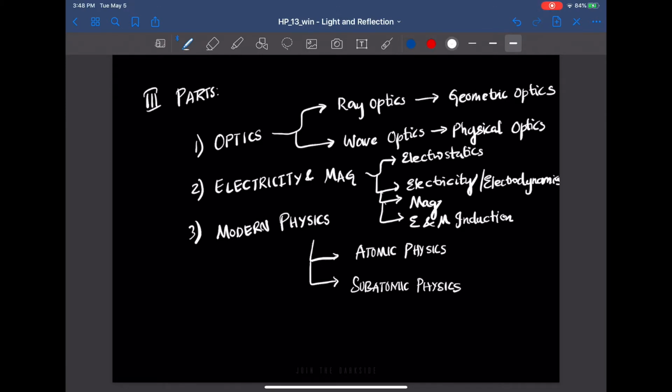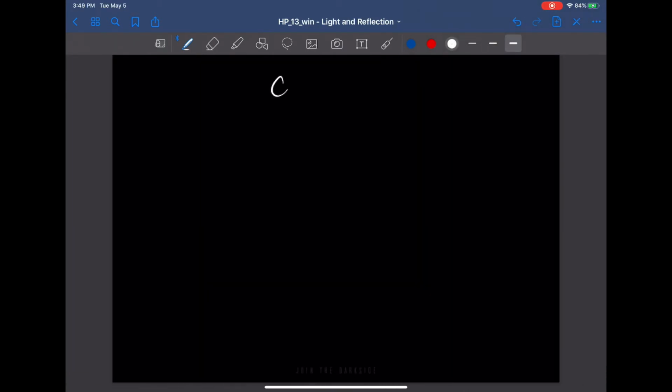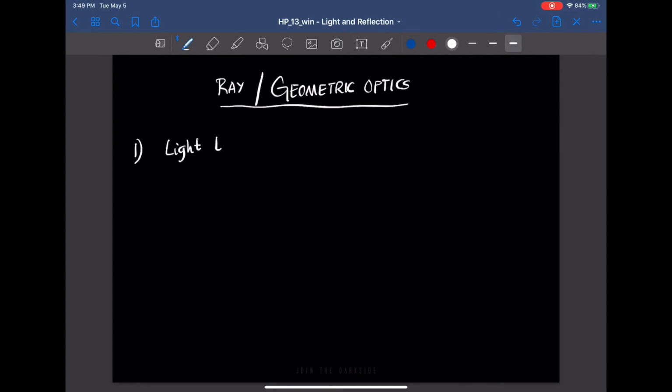So let's start with the first chapter, geometric optics. The name itself says ray optics or geometrical optics. The primary assumption we consider in this chapter is that light is a ray, or you can consider it to be a straight line basically.